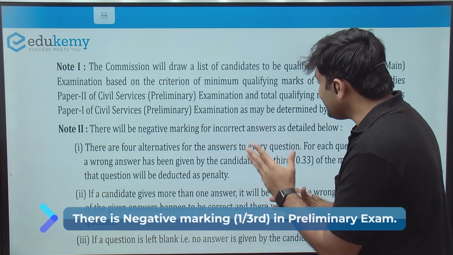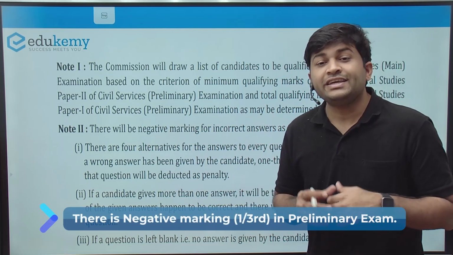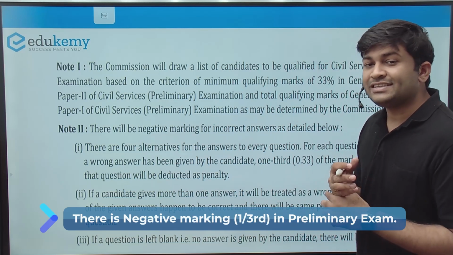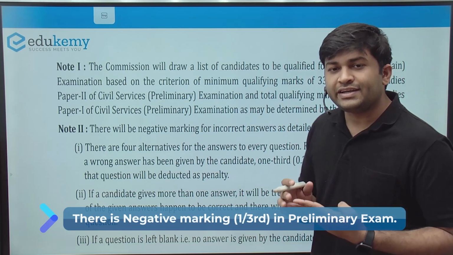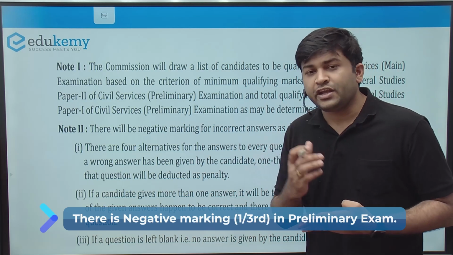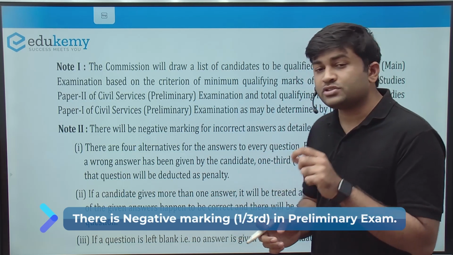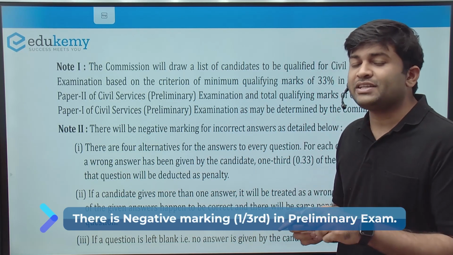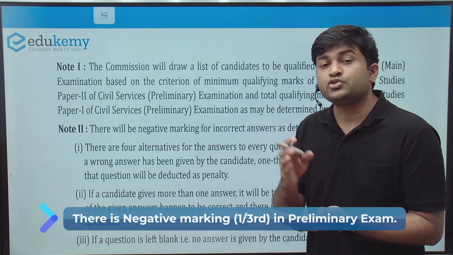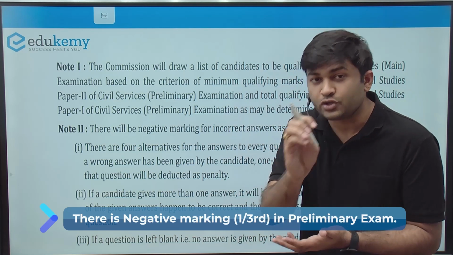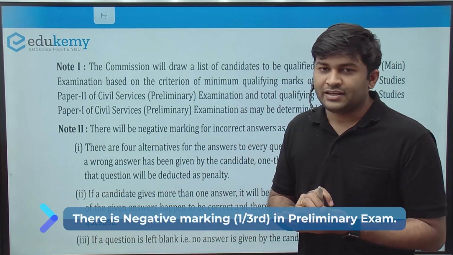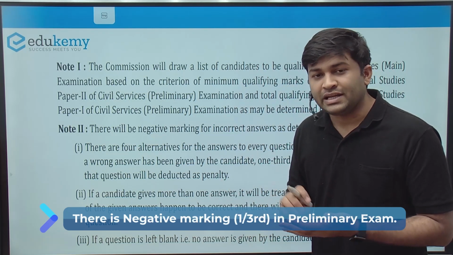There will be a negative marking for the incorrect answers as detailed below. So 4 alternatives are given to every question, and for each question for which a wrong answer has been given by the candidate, 1/3 of the total marks assigned to the question is deducted as a penalty.